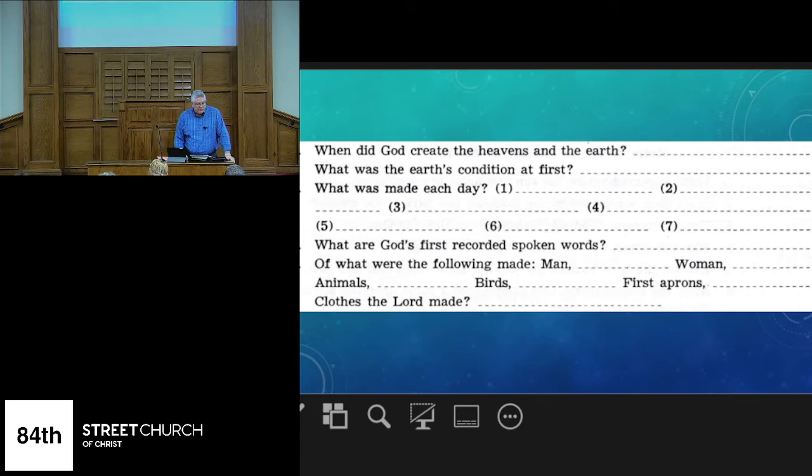Number 4 kind of deals with the heavens, right? Sun, moon, stars. Day 5, fish of the sea, birds of the air. No man yet. Day 6, things that breathe and have life on the earth, animals, insects, man, woman.